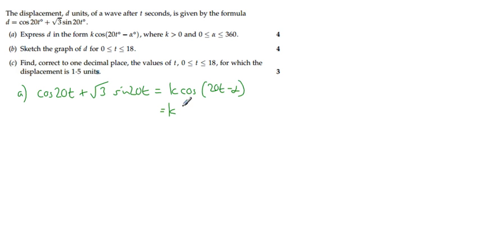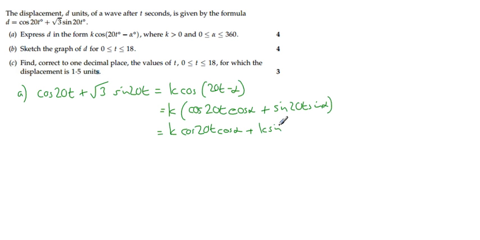Breaking out with your expansion is k cos 20t cos alpha plus sine 20t sine alpha, which becomes k cos 20t cos alpha plus k sine 20t sine alpha.